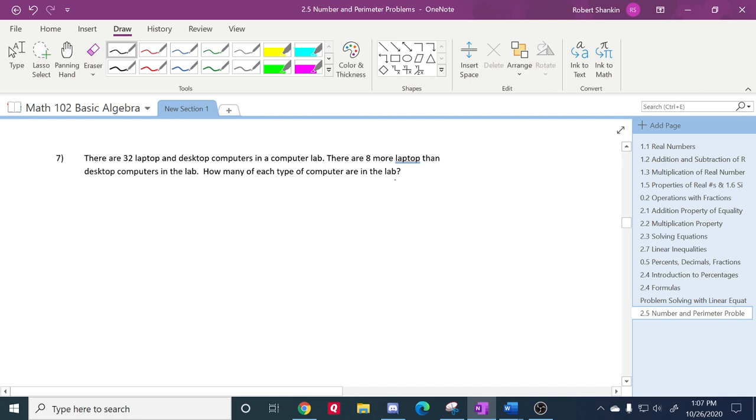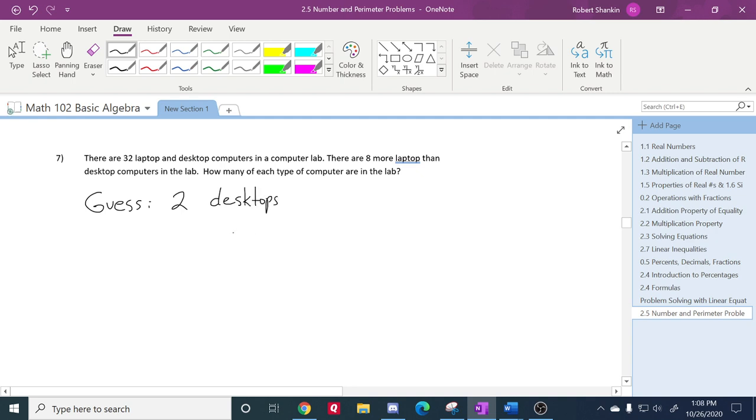It asks for each, but I noticed that it says there are 8 more laptops than desktops. It's comparing to desktops. So I'm going to guess not laptops, but desktops, because that's what's being compared to.